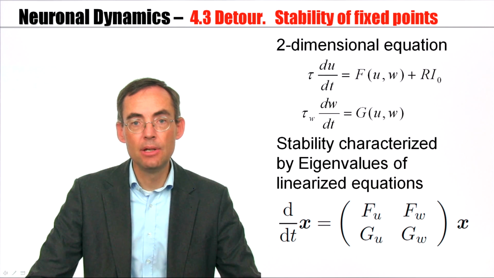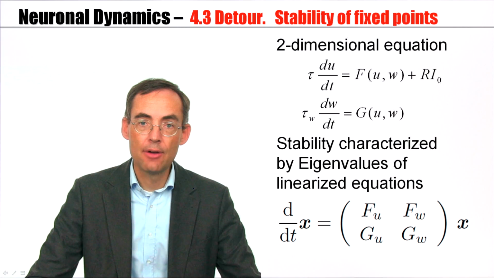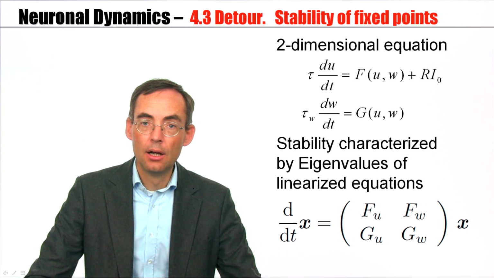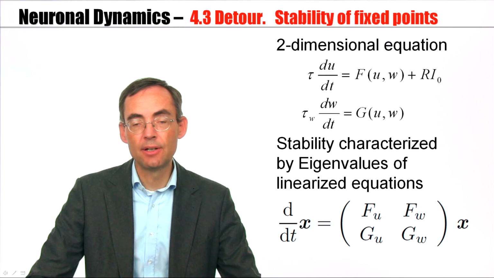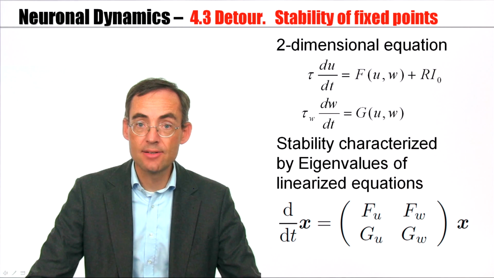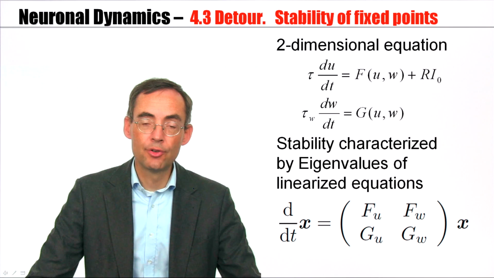Stability of the fixed point means that both eigenvalues have negative real parts. If you are not in two dimensions but in higher dimensions, the same type of analysis applies. Again, you have to look at the eigenvalues of the corresponding matrix.